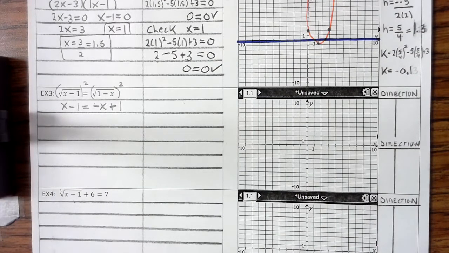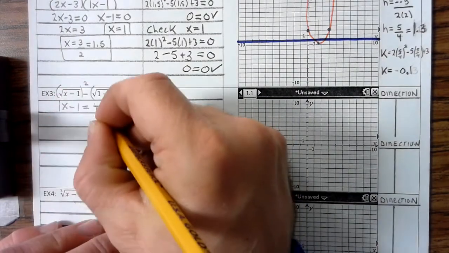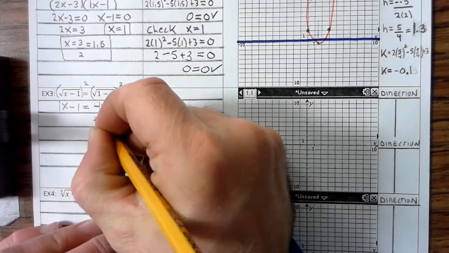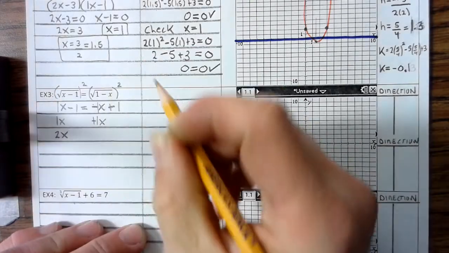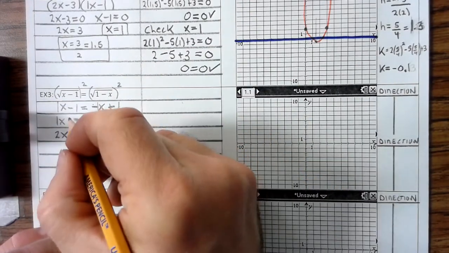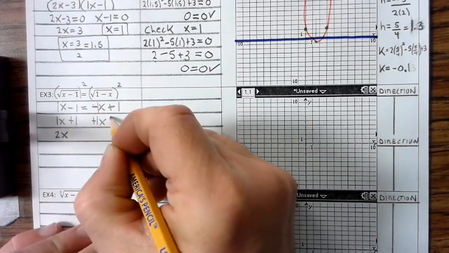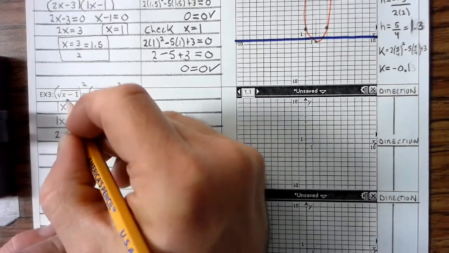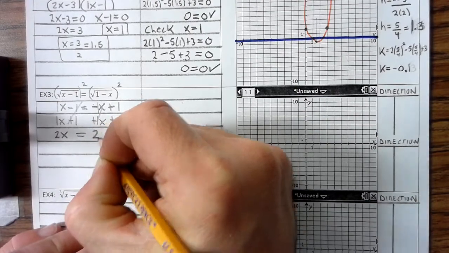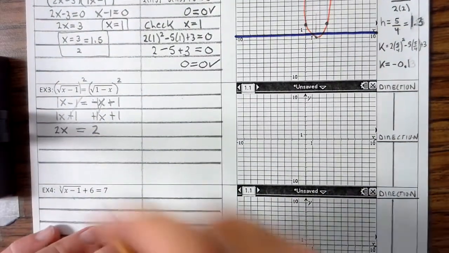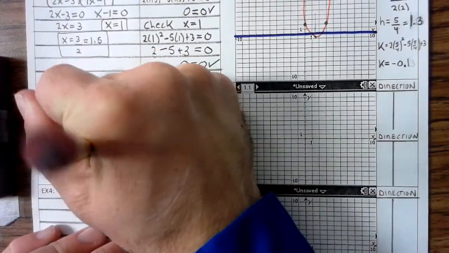Now, the next step would be to add 1x to both sides. So you get 2x, and I'm actually going to add 1 to both sides. So that cancels, equals 2. Divide both sides by 2, x equals 1.